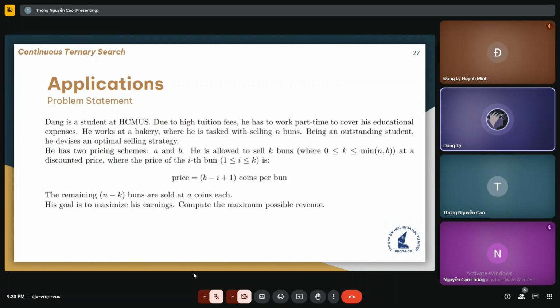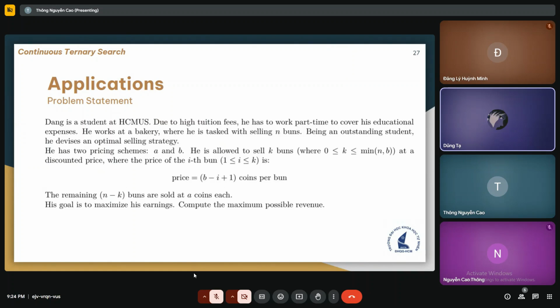Dang is a student who needs to earn money by selling n buns. He has two options. He can sell the first k buns at decreasing prices, starting from b down to 1. The remaining n minus k buns are sold at a fixed price A. The question is, what is the best value of k that maximizes his total profit?